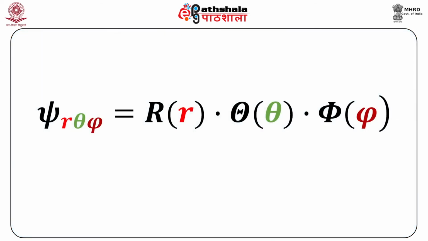Now this equation has an advantage that there are 3 coordinates here, r, theta and phi, and therefore the total wave function of the electronic Schrodinger equation can be taken as the product of the radial and the angular part. The angular part consists of 2 terms, theta and phi, and the radial part is of course r.